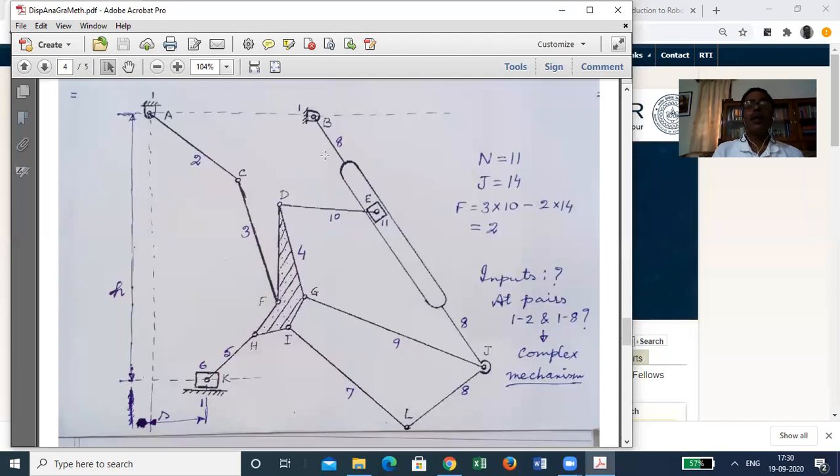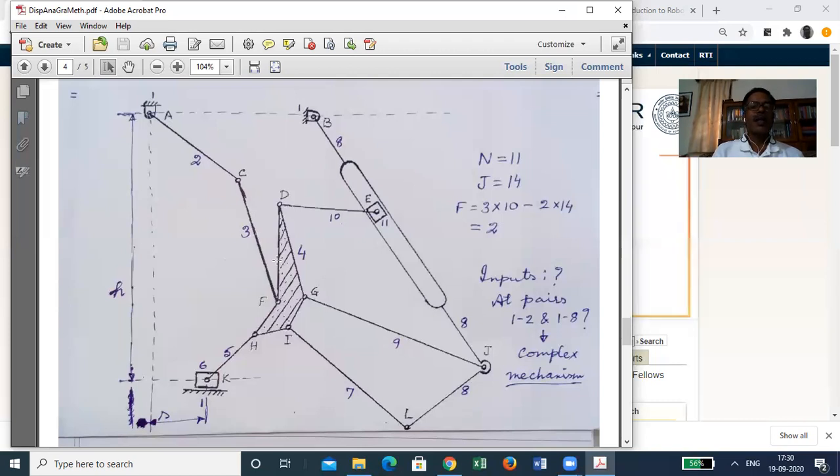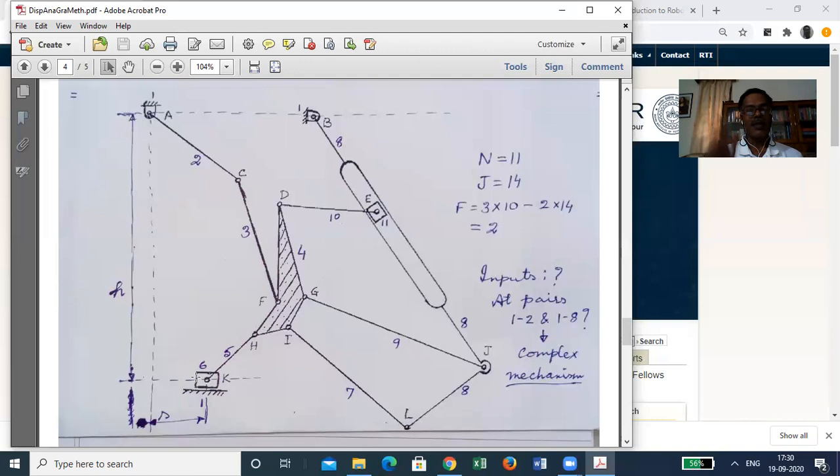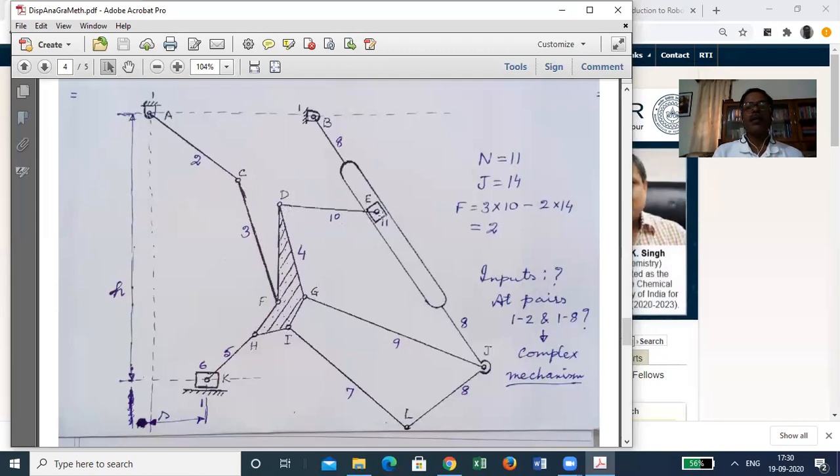But then you see, whichever loop you choose, the number of links that on the way you need to position will be link 3, 4, 5, 6. 4 links, not 2 links as required in the dyad. Then if you choose this loop, then you would have to determine link 3, 4, 10, 11.